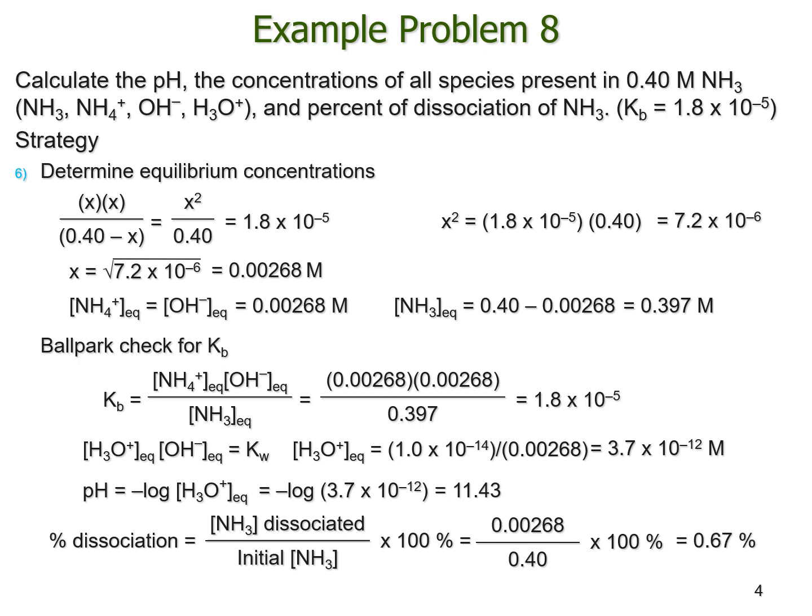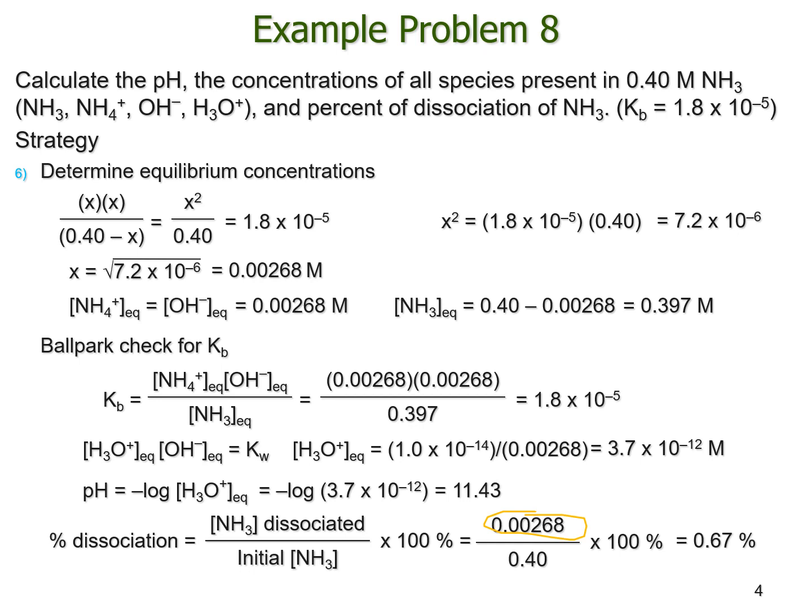Speaking of percent dissociation, that's going to be the concentration of ammonia dissociated divided by the initial concentration of ammonia. We know the initial concentration of ammonia, but how did we wind up with this value for the concentration of ammonia dissociated? Because this is the amount of ammonia dissociated so that we can have these two.